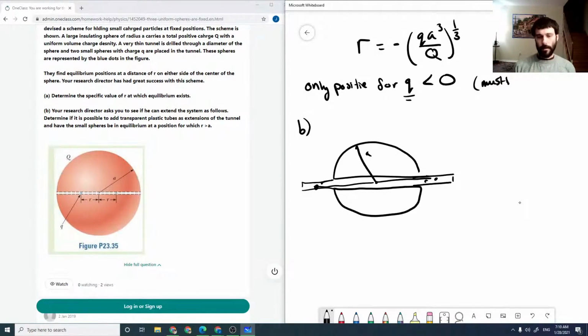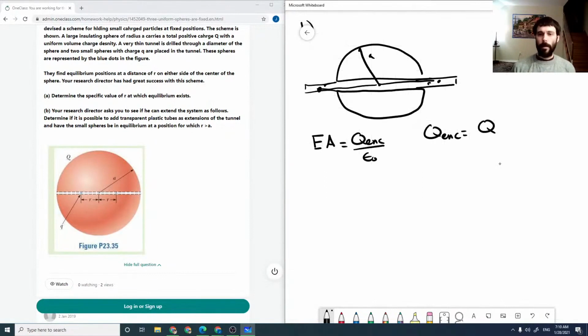In this case, the only difference is that, again, our E field times our area is the charge enclosed over epsilon naught. In this case, our charge enclosed is our total charge, as at this radius we're enclosing the total charge at all times, but our surface area is still 4 pi r squared.